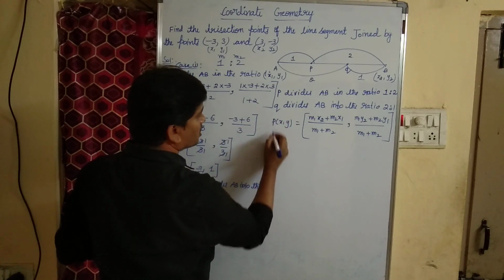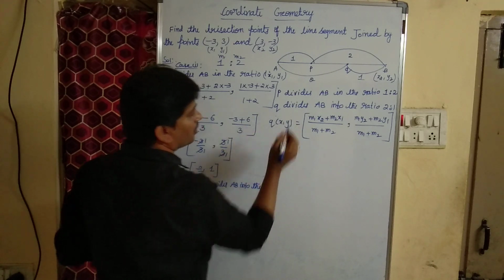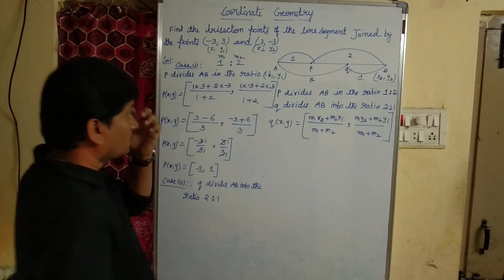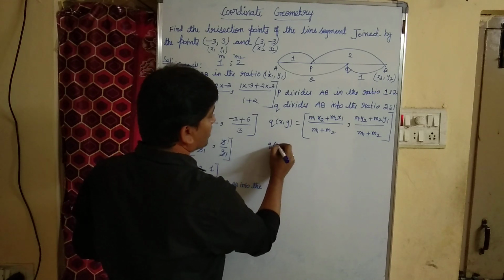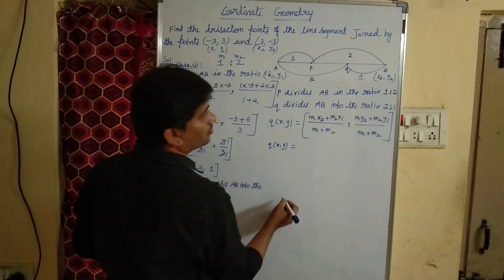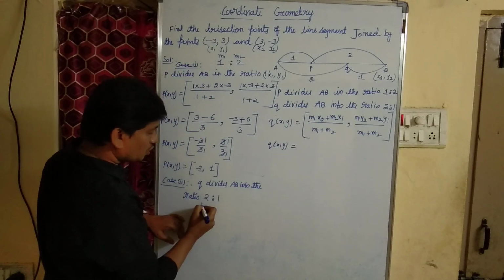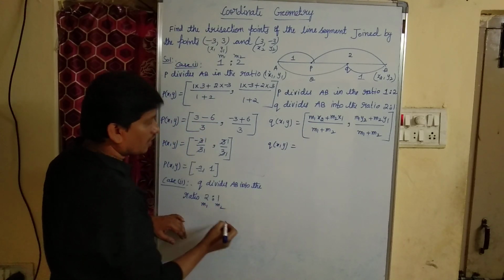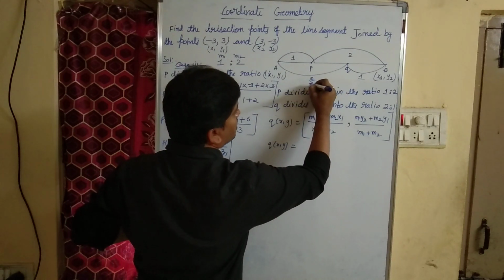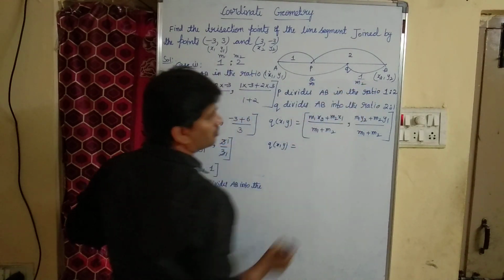So I call it as Q of x comma y. Q of x comma y equal to, so m1 is 2, m2 is 1. Ratio is 2:1. This is m1 and m2.